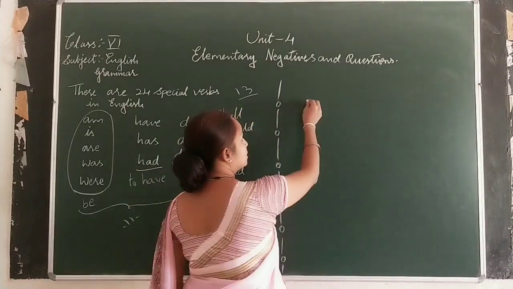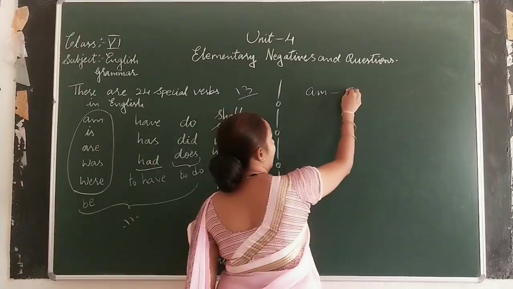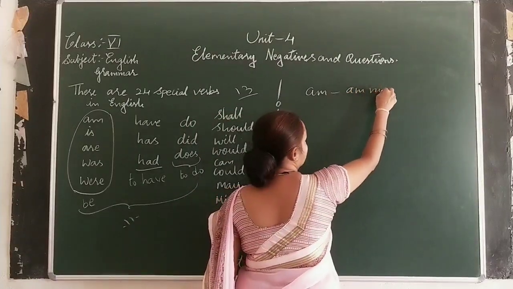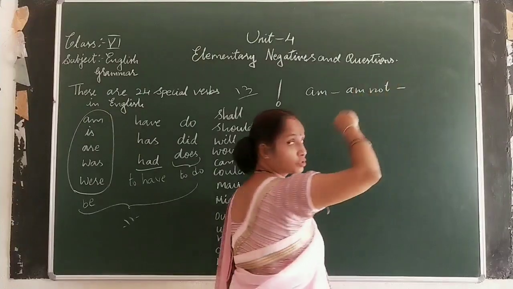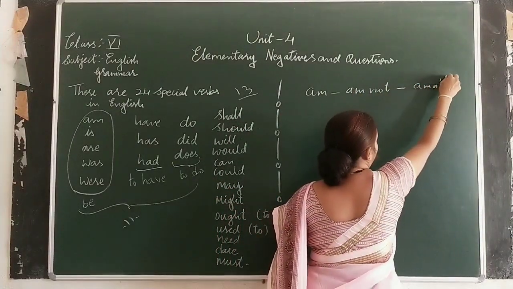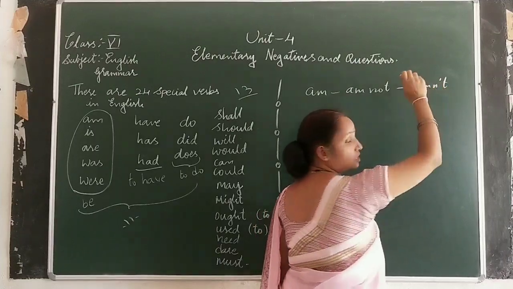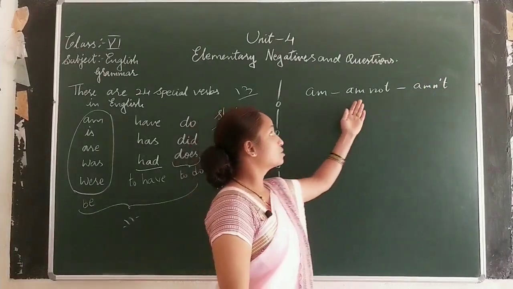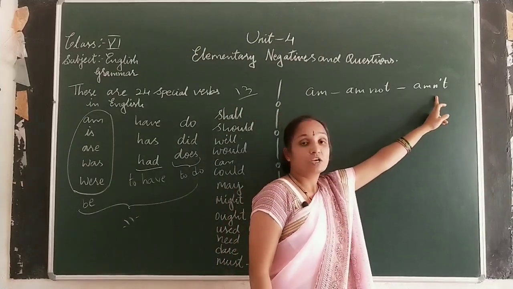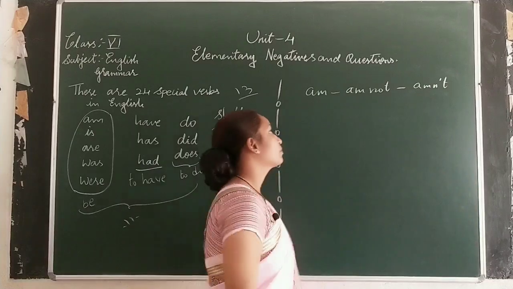How should we write the negatives for these? See here. Am, as written, am not. And this is also written as amn't, am, n apostrophe t. This is the full form and this is the short form of the negative verb.